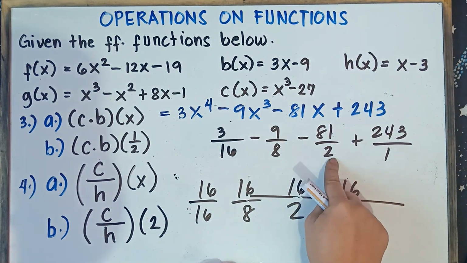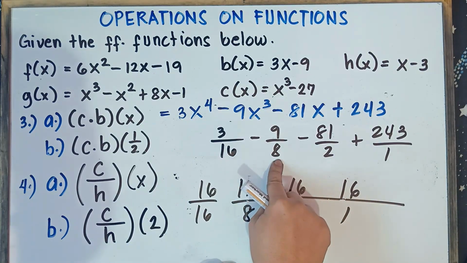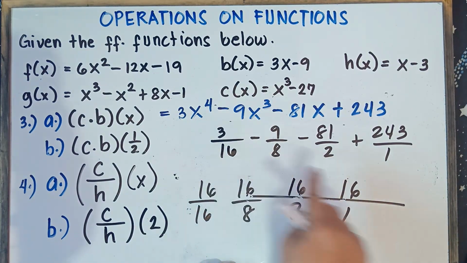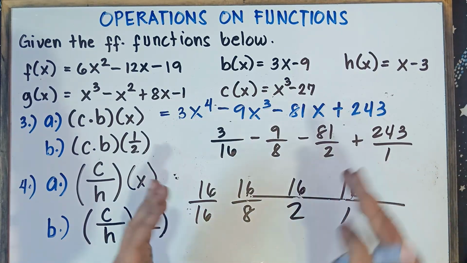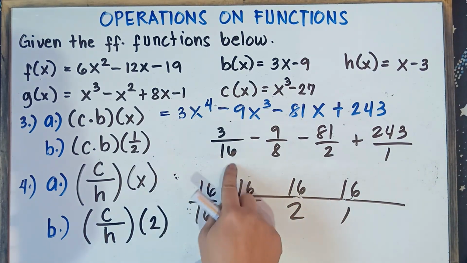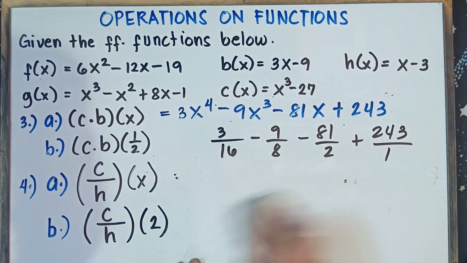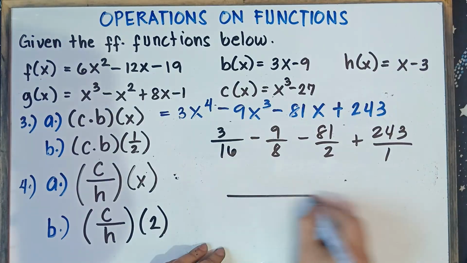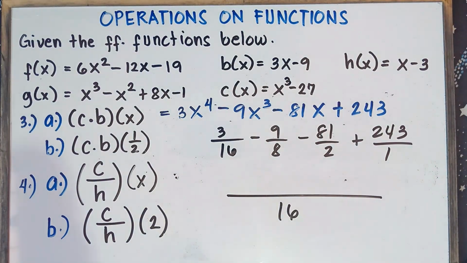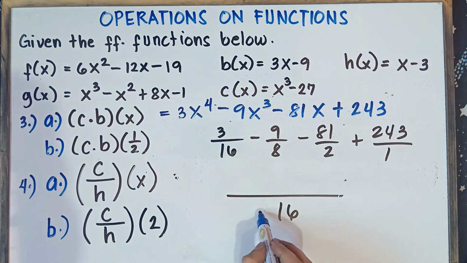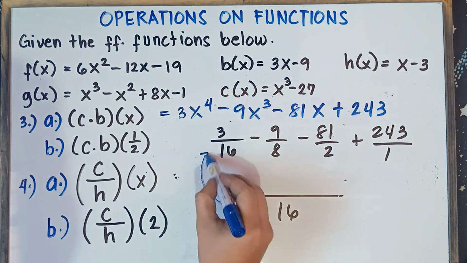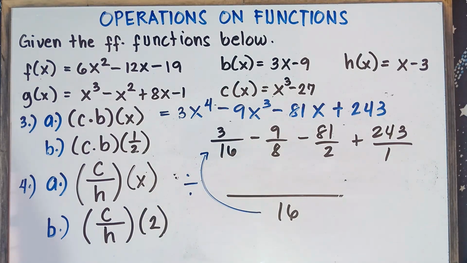16 divided by 2 is 8, 16 divided by 8 is 2, 16 divided by 16 is 1, 16 divided by 1 is 16. Therefore, the LCD of 16, 8, 2, and 1 would be 16. So simply put 16 over 16. Alright, and then simply divide this one, class. 16 divided by 16. What's the answer, class?